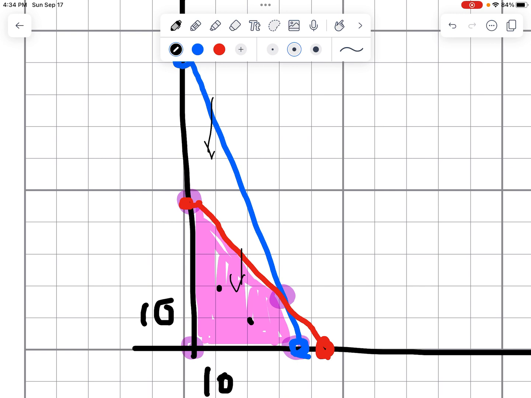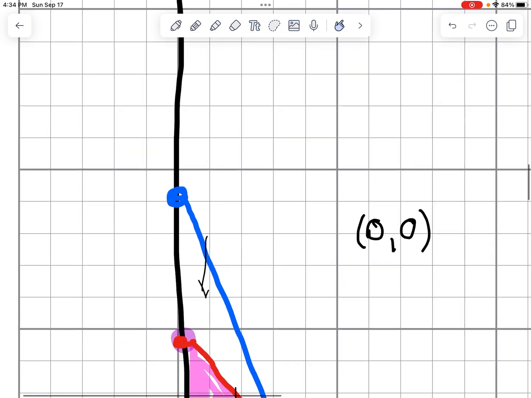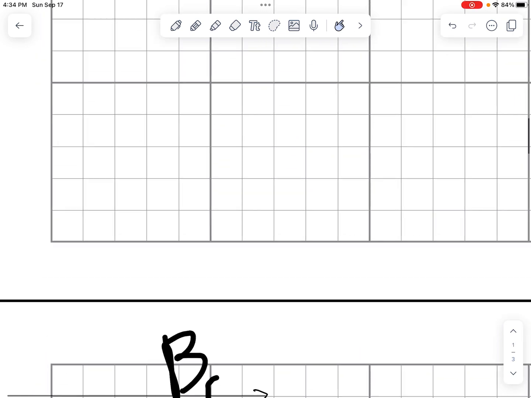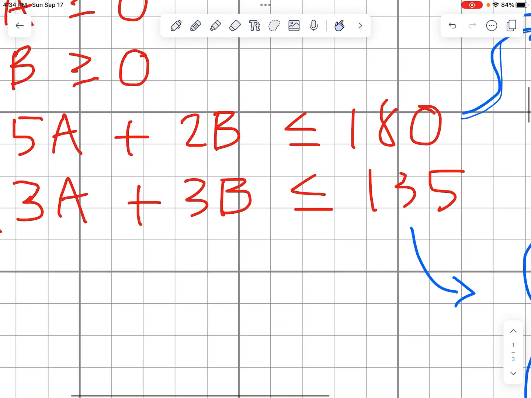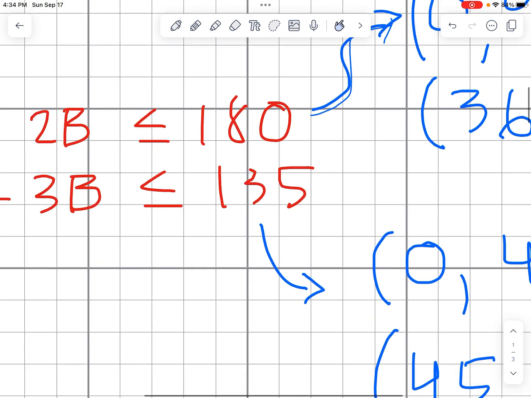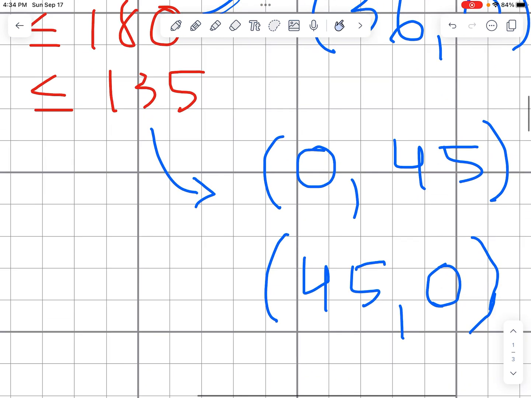Okay, one vertex, the bottom left vertex, the origin, is 0, 0. Okay, this top left vertex, well, you remember that was one of the intercepts for the red line, and they were both 0, 45 and 45, 0.